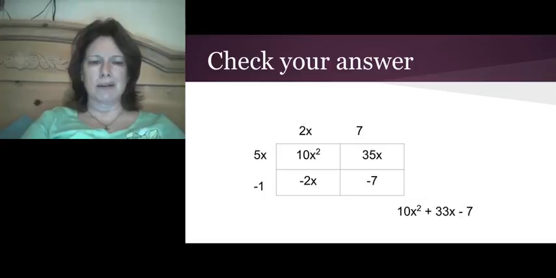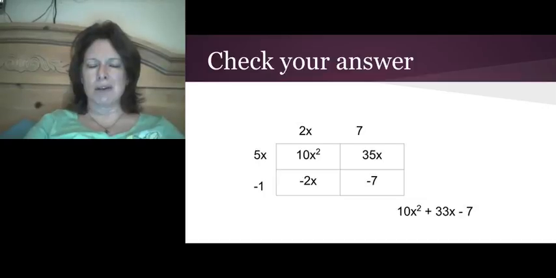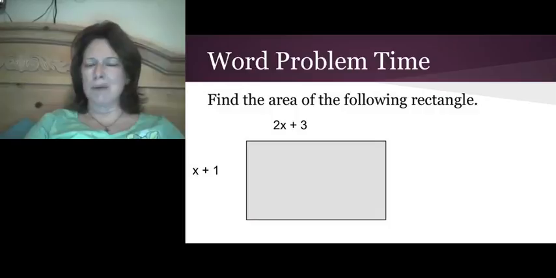And then we multiply the negative 1 and the 7 to get the negative 7. Now 35x has a like term with negative 2x and can be combined with a final answer of 10x squared plus 33x subtract 7.